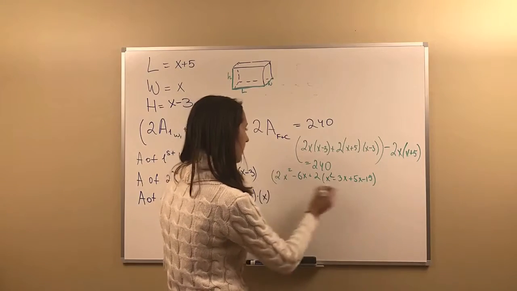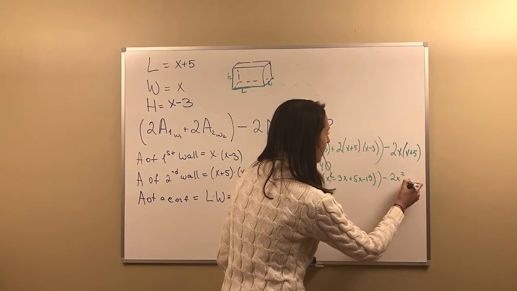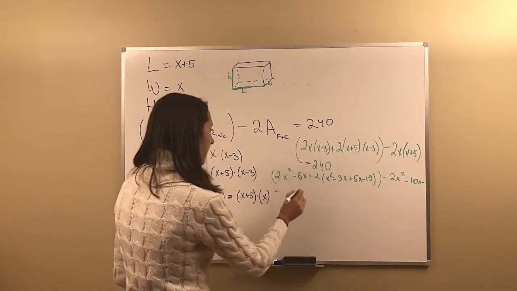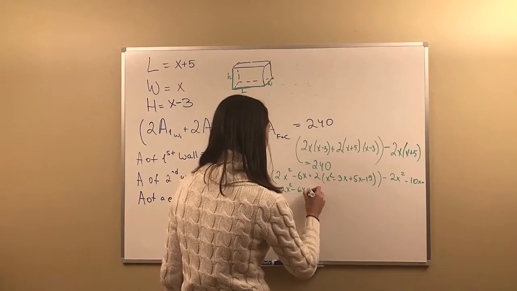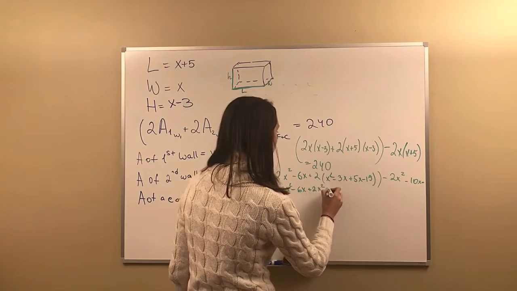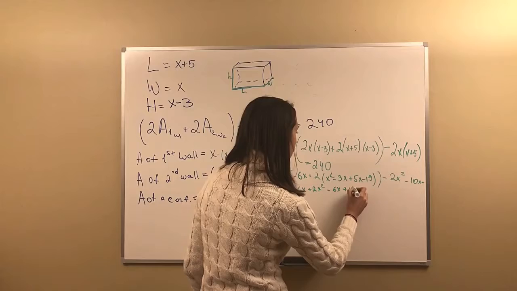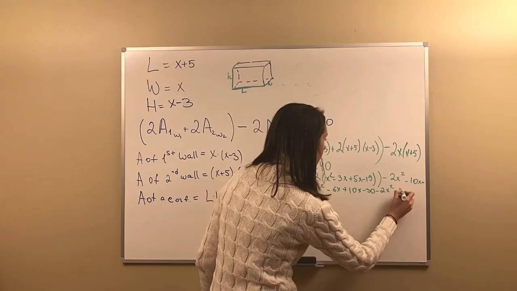And that's still inside of this parenthesis, minus 2x squared minus 10x. Okay. Now we have 2x squared minus 6x plus 2x squared minus 6x plus 10x minus 30. And let's just keep this one here.